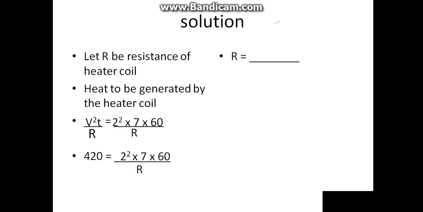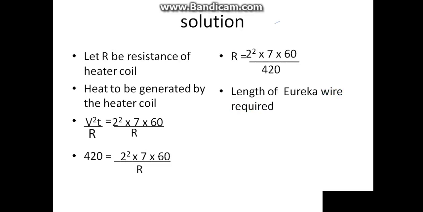We now have R, capital R, is equal to 2 squared times 7 times 60 all over 420. Length of Eureka wire required is equal to 4 over 8, which is equal to 0.5 meters.